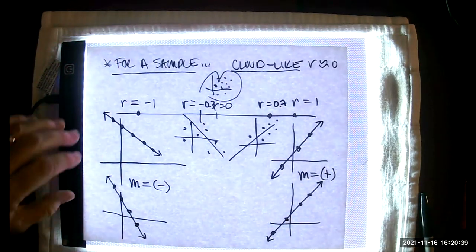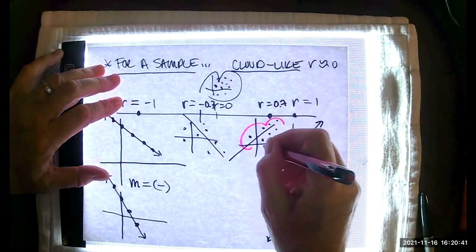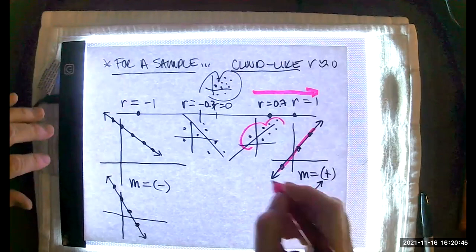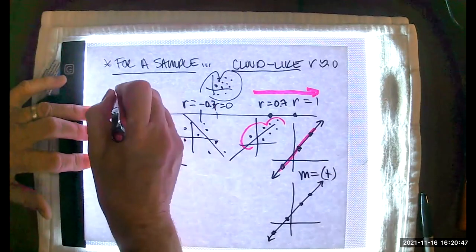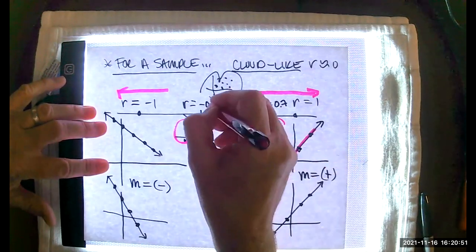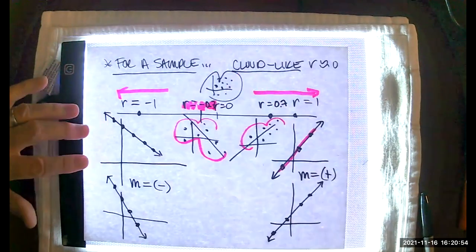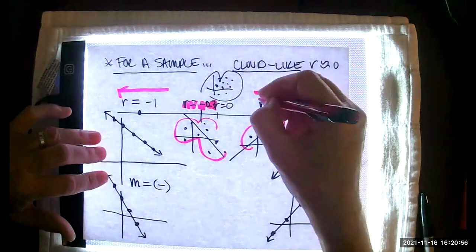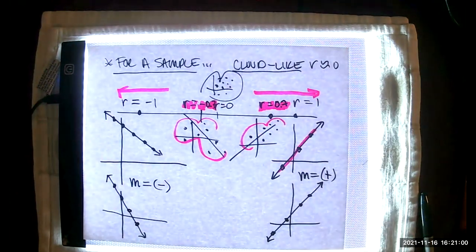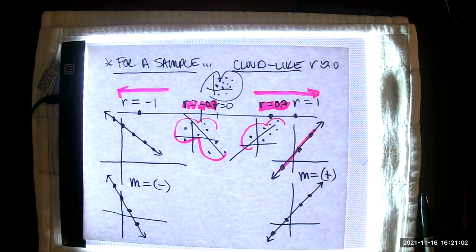So the tighter the spread of the data is, the closer that value gets towards either a +1 or a -1. If the data is relatively cloud-like, the R value will be close to 0. If it's relatively line-like, it'll be close to either a +1 or maybe a -1, depending on the positive or negative relationship.